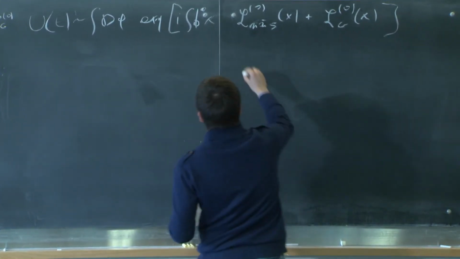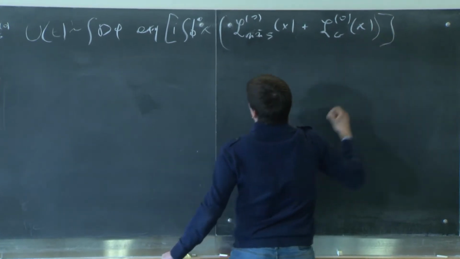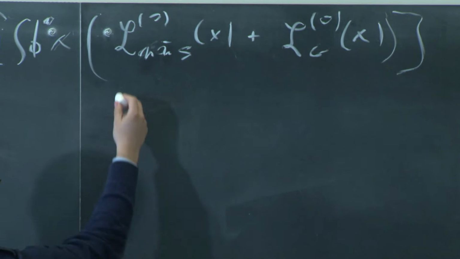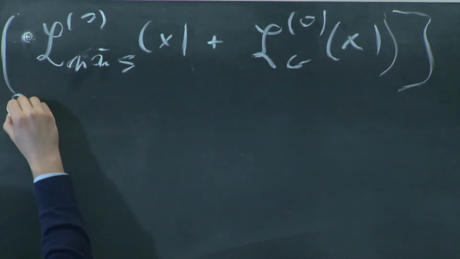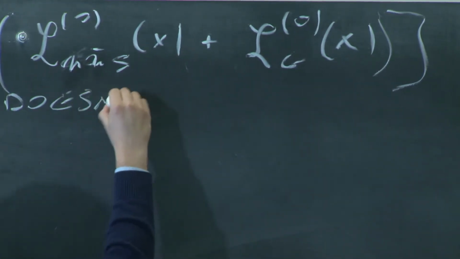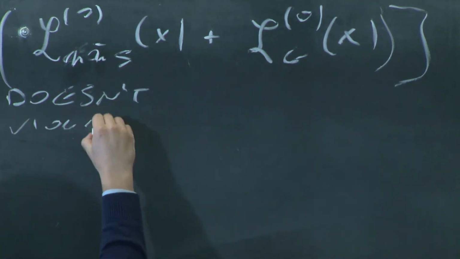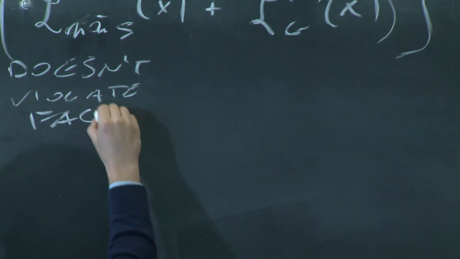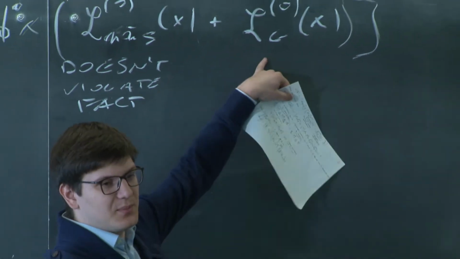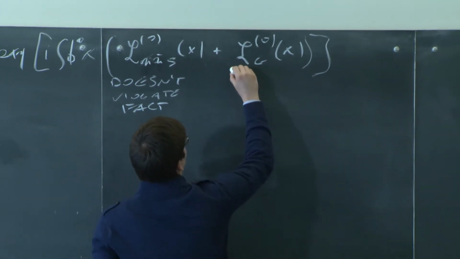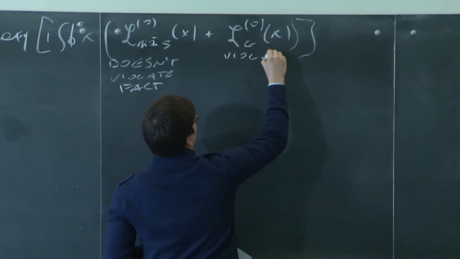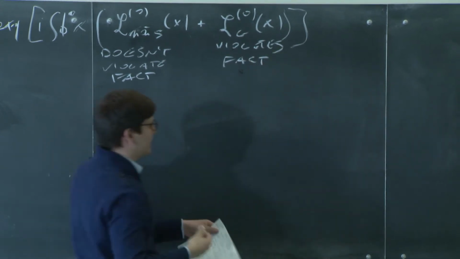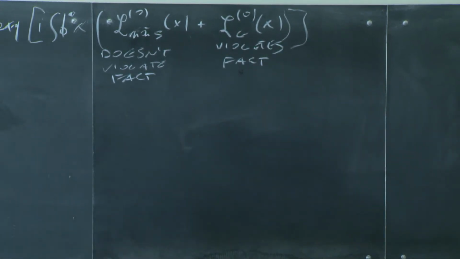This piece is the usual SCET leading power Lagrangian, so this doesn't violate factorization, while this is the problematic piece, the one that violates factorization of soft and collinear modes.